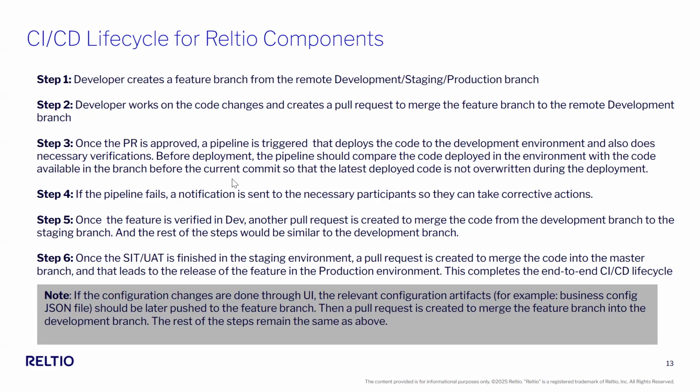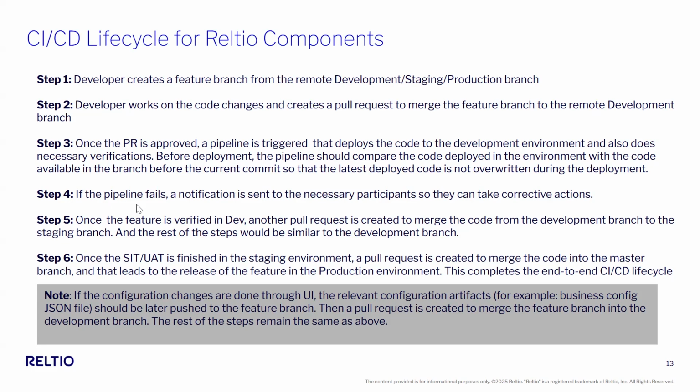And if they're not the same, then the commit or the deployment should be aborted, because if you don't do that, there is a possibility that you may override the code which is already deployed through a different mechanism. Ideally, this should not happen in a strict process governed CI/CD process, but there's always a possibility, and if it happens, it's best to compare the code before deployment.